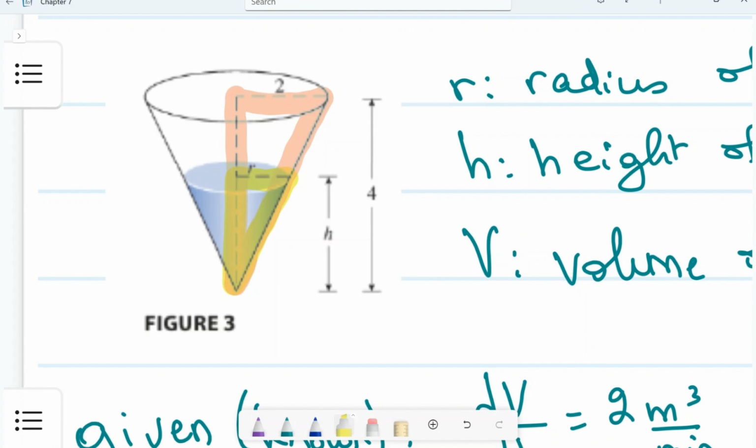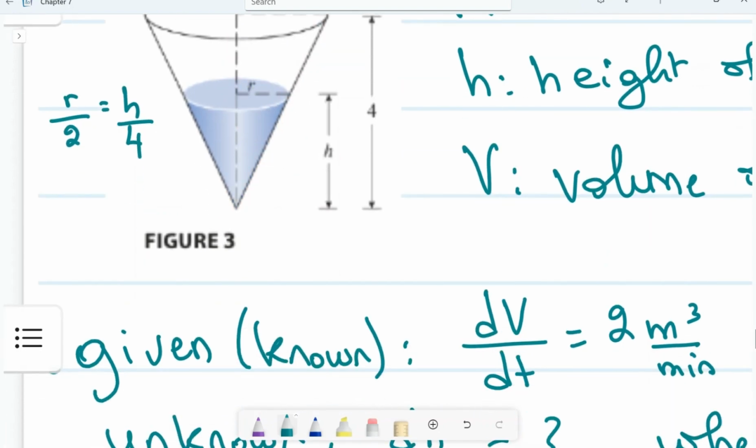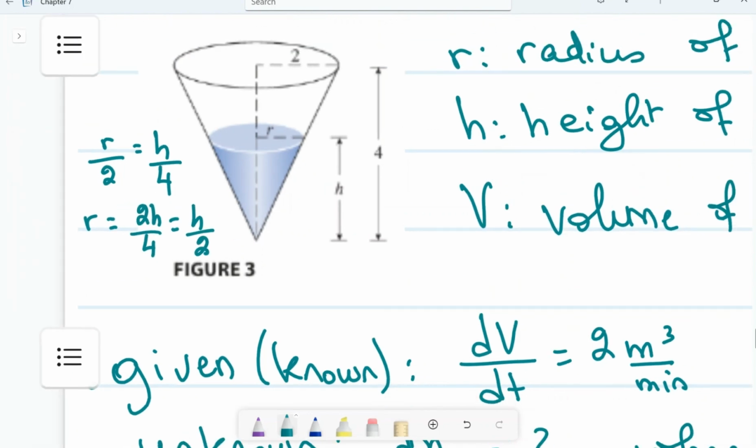What we can do with that is that this side right here divided by 2, so r over 2, is equal to this side here, h, divided by this big side here, so h over 4. r over 2 is equal to h over 4, so we can write r is equal to 2h over 4, which is equal to h over 2.